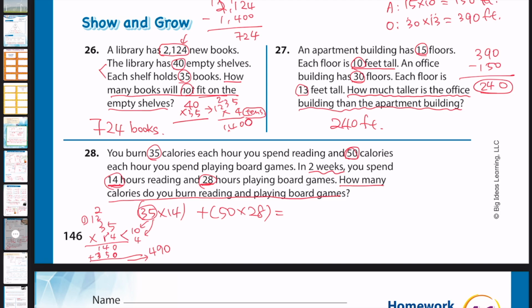Okay? And then second way is what? As I said, I'm going to do 35 times 10, which is what? 350, plus I'm going to do 35 times 4. Okay, 4 times 5 is what? 20, and carry 2 up, and 4 times 3 is what? 12.